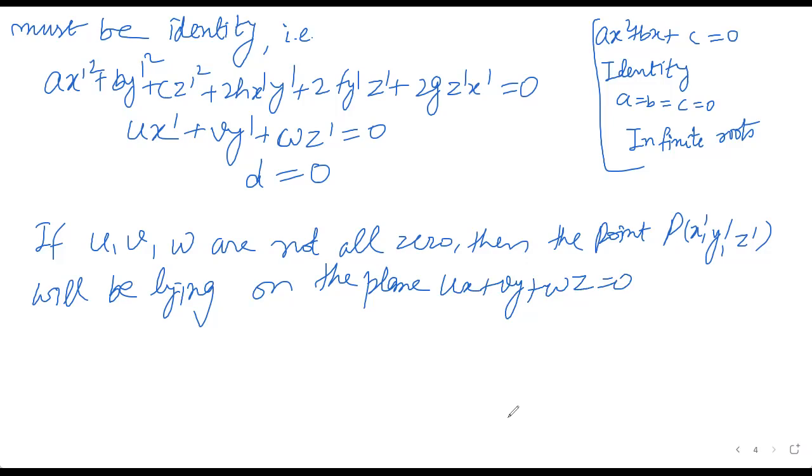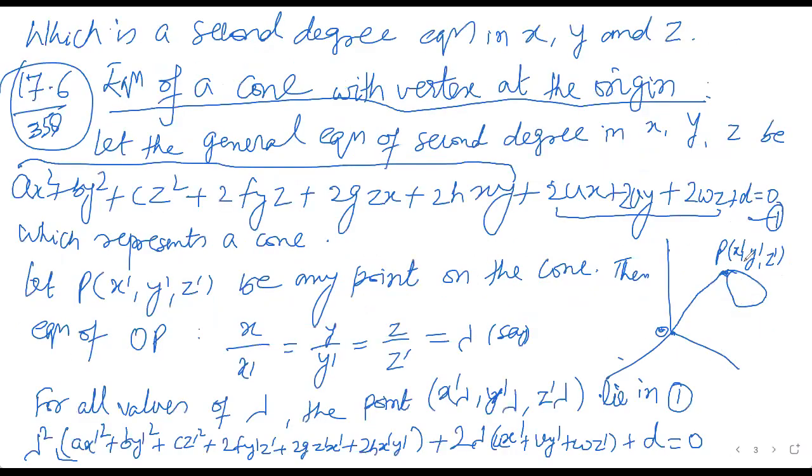If u v w are not 0, this point will be satisfying this equation, which is not possible, because I have taken the point on any guiding curve.